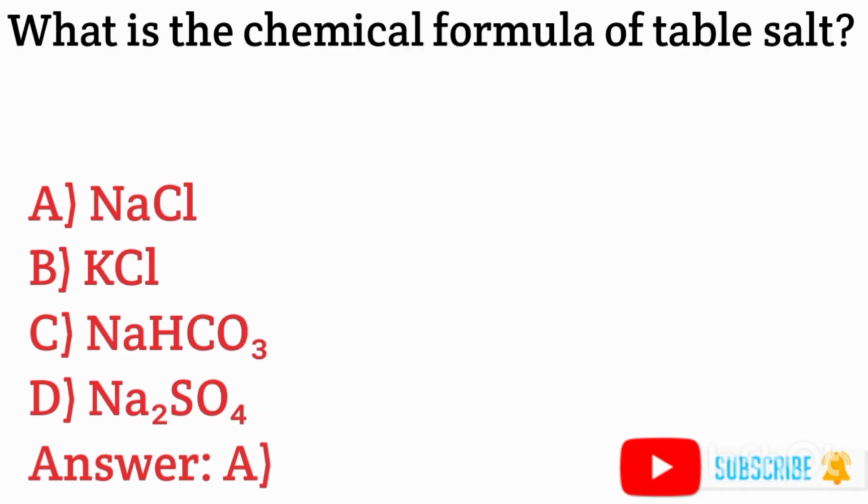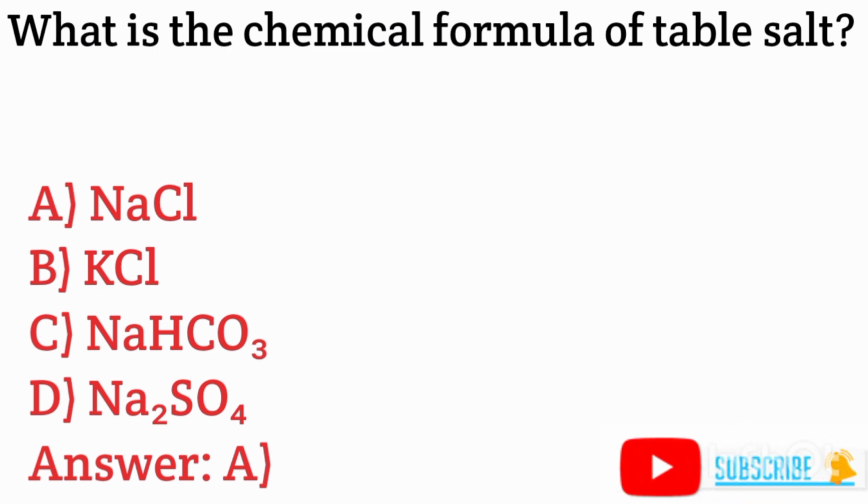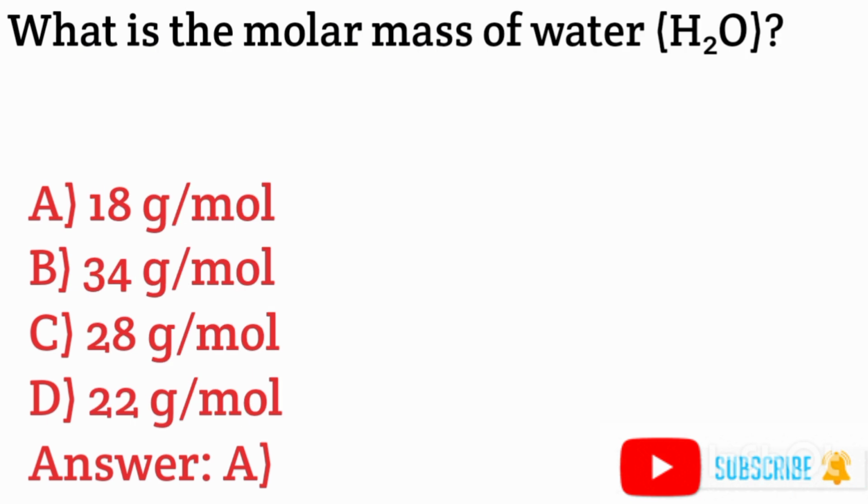What is the chemical formula of table salt? NaCl is the chemical formula of table salt. Option number A is correct. What is the molar mass of water, H2O? 18 grams per mole.